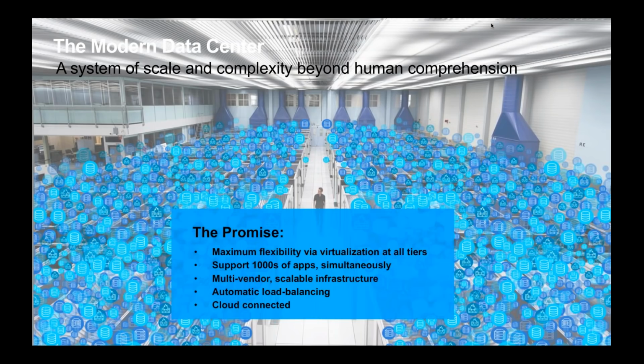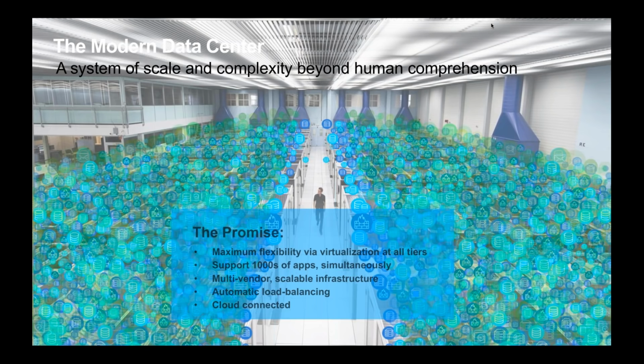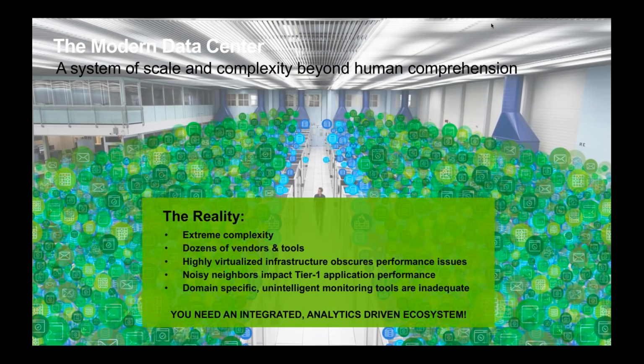You have this promise of thousands of infrastructure services virtualized at all tiers, supporting highly varied application workloads. It's a multi-vendor scalable infrastructure, so this would be automatically redundant and load balancing, cloud connected and hybrid in nature. And yet the reality is that it's extremely complex.